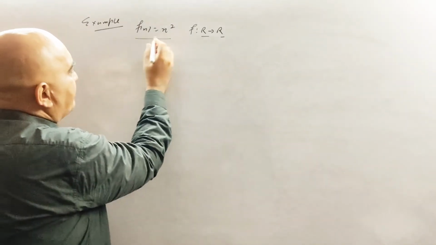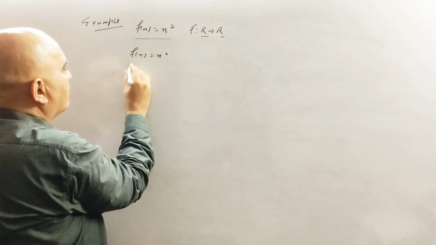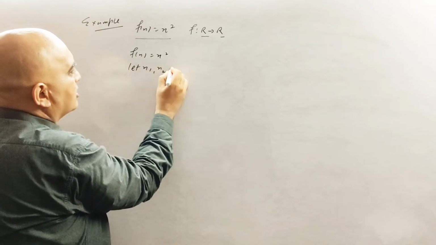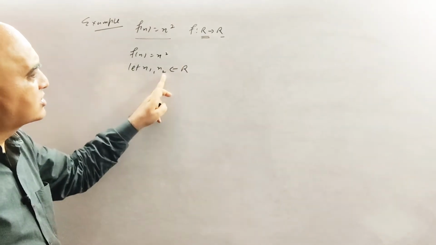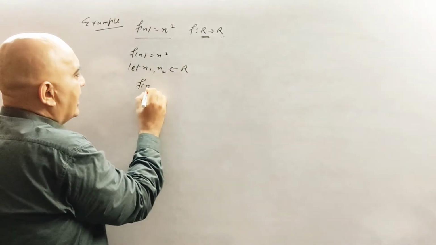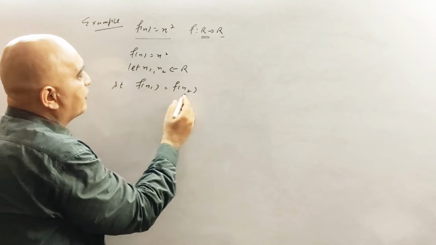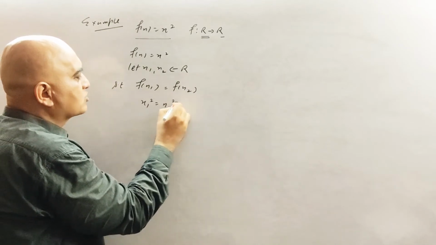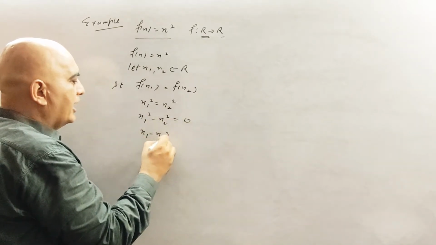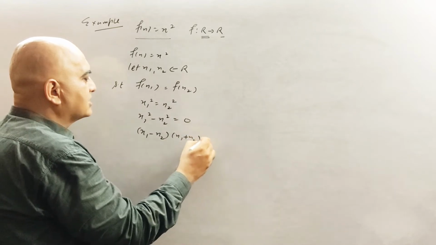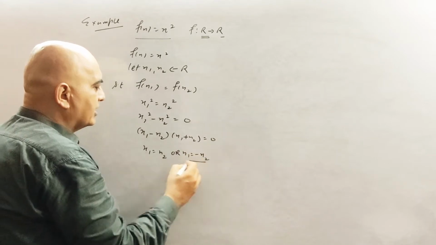So first of all, if f(x) is equal to x square, how can we check the condition for 1-1? Let x1 and x2 be two elements belonging to set A. What is set A? Reals. So x1, x2 are two real numbers such that f(x1) is equal to f(x2). If f(x1) equals f(x2), then x1 square is equal to x2 square, x1 square minus x2 square is equal to 0, (x1 minus x2)(x1 plus x2) is equal to 0, x1 is equal to x2 or x1 is equal to minus x2.